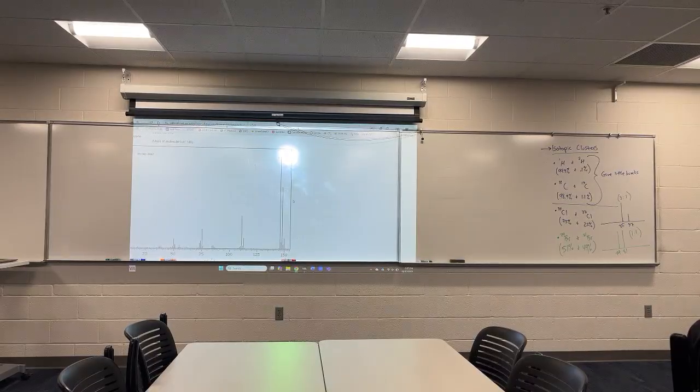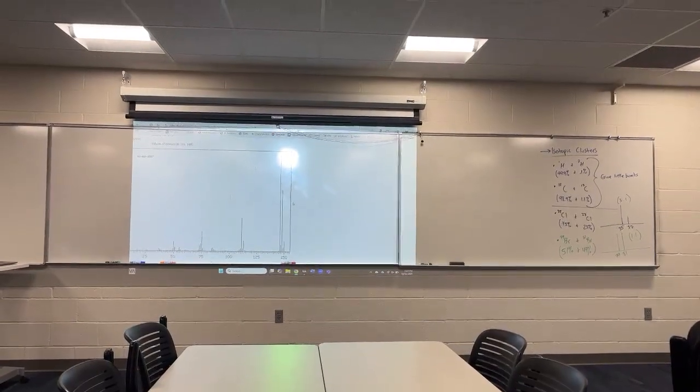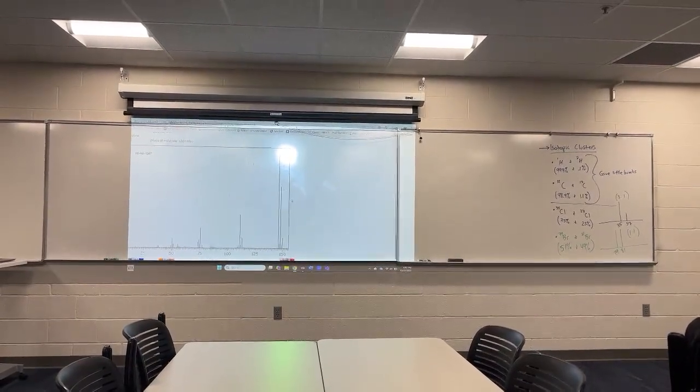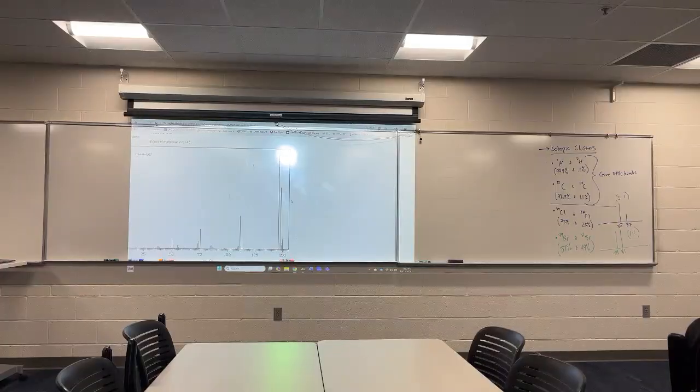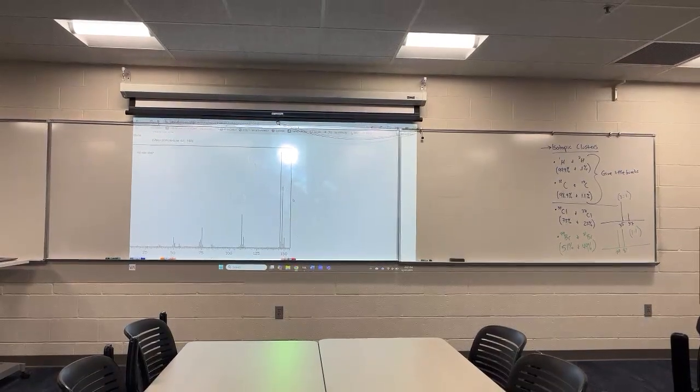If you broke off a fluorine, you'd go from 146 minus 35, so you get to 111. If I lost one fluorine, I still have the isotopic cluster of the other.